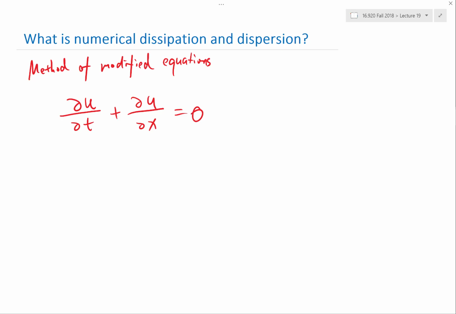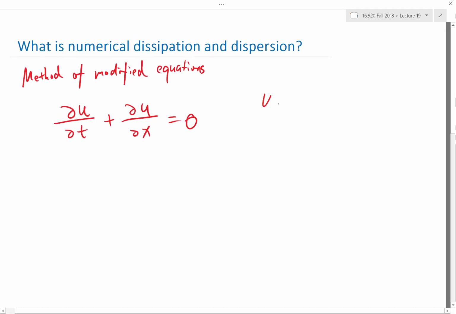Yeah, let's say u is equal to 1, okay. So basically, it's a differential equation that is supposed to advect anything, low or high frequency components at a fixed speed of unity towards the right hand side, right?